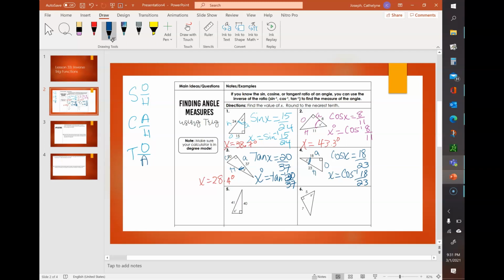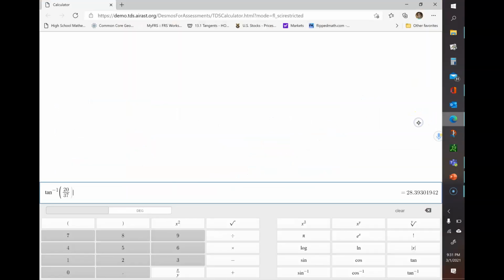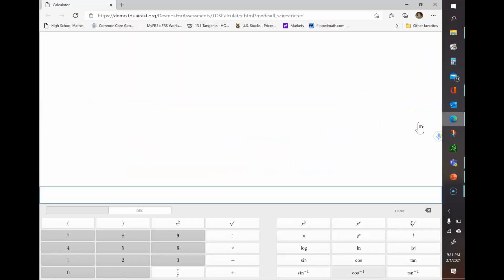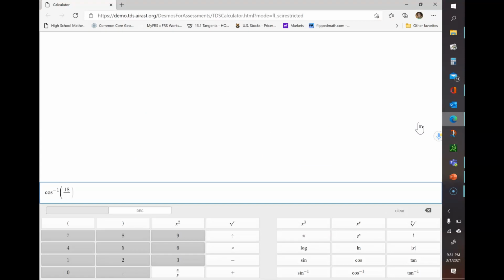Plugging it into the calculator, inverse cosine of 18 divided by 23, and we get 38.5 degrees.